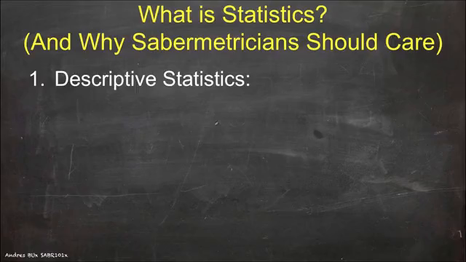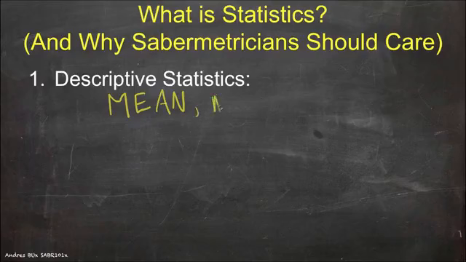So, within descriptive statistics, we're going to cover a lot of things in future modules. One of the things we're going to cover is this idea of measures of central tendency. A very common one that people have probably heard of before is the mean, the mean or average of a data set.